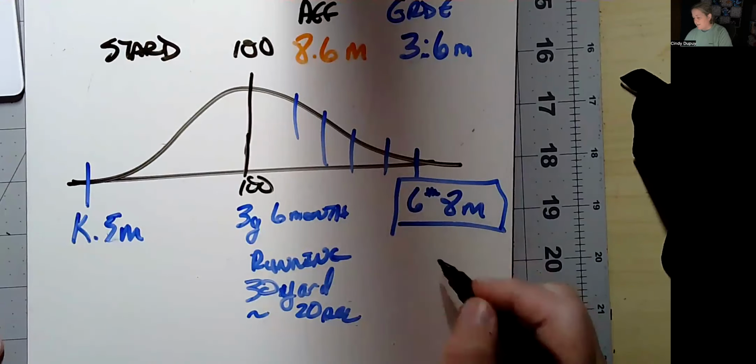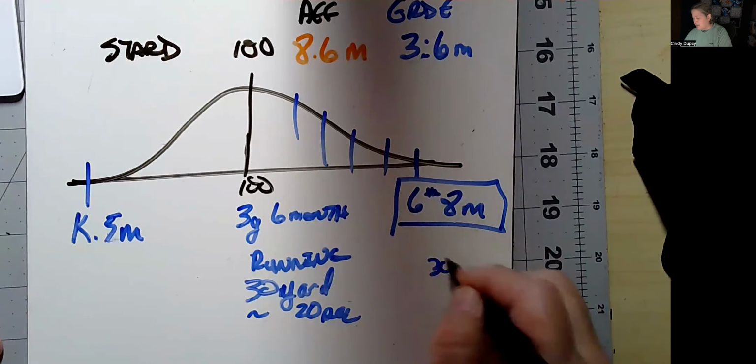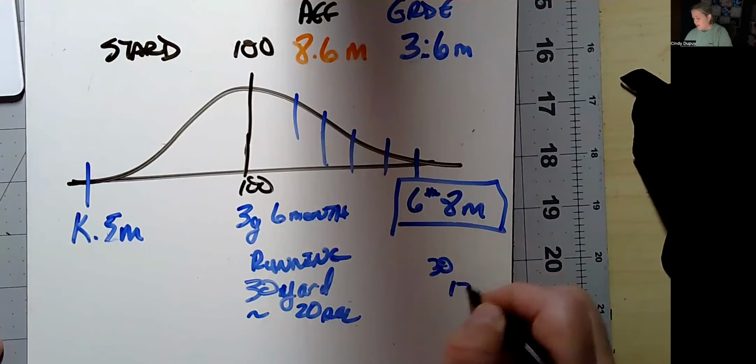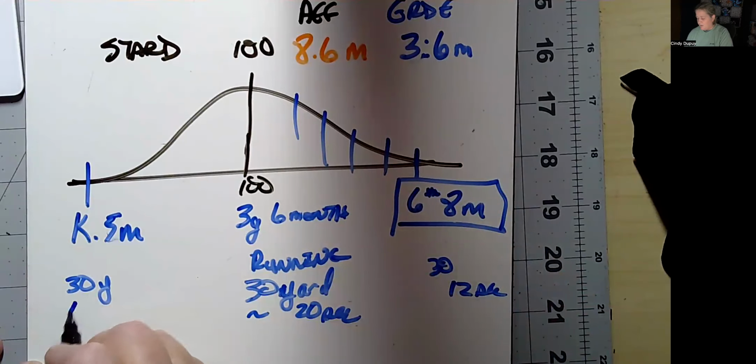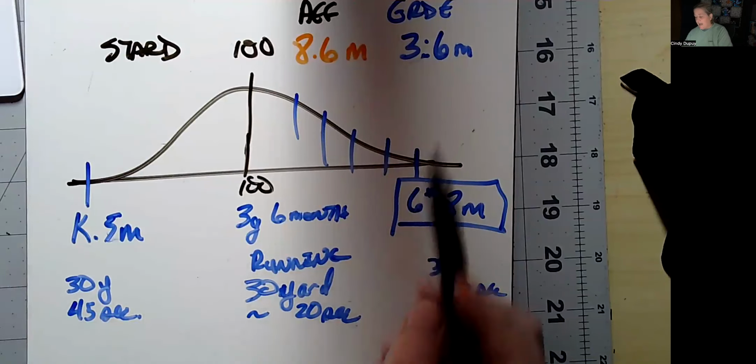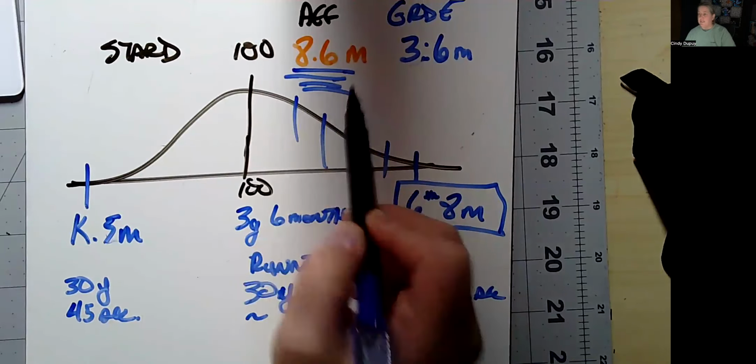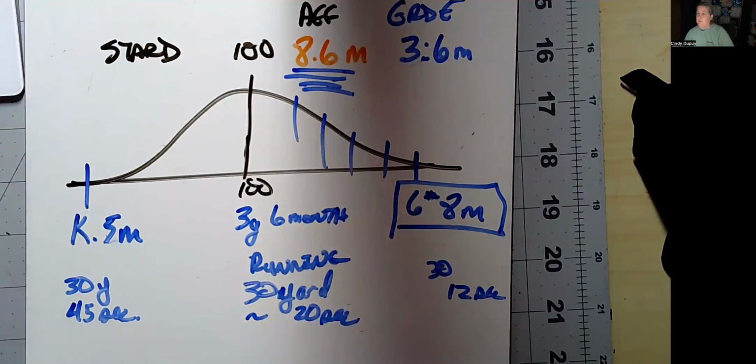And then I could norm it out the same way and say that this student can run 30 yards in 12 seconds, and this one can run 30 yards in 45 seconds. And it really doesn't mean anything because all they've done is created a new measuring device. And it's not actually telling us anything. And the age equivalents do the same thing.